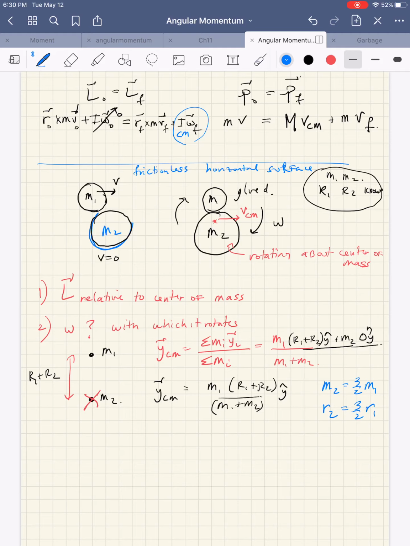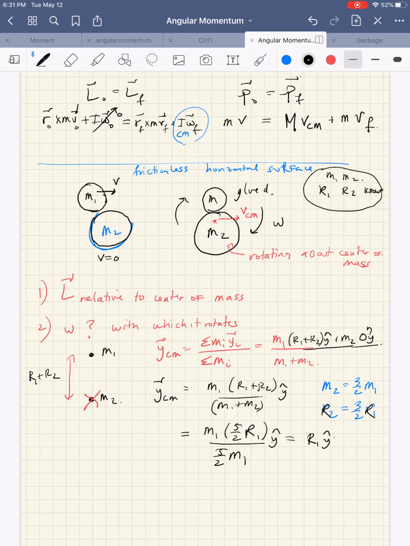This really simplified what I had here. M1 times (R1 plus R2) was just 5/2 M1 R1, and M1 plus M2 is just 5/2 M1. So this whole thing ends up being just R1 in the y hat.